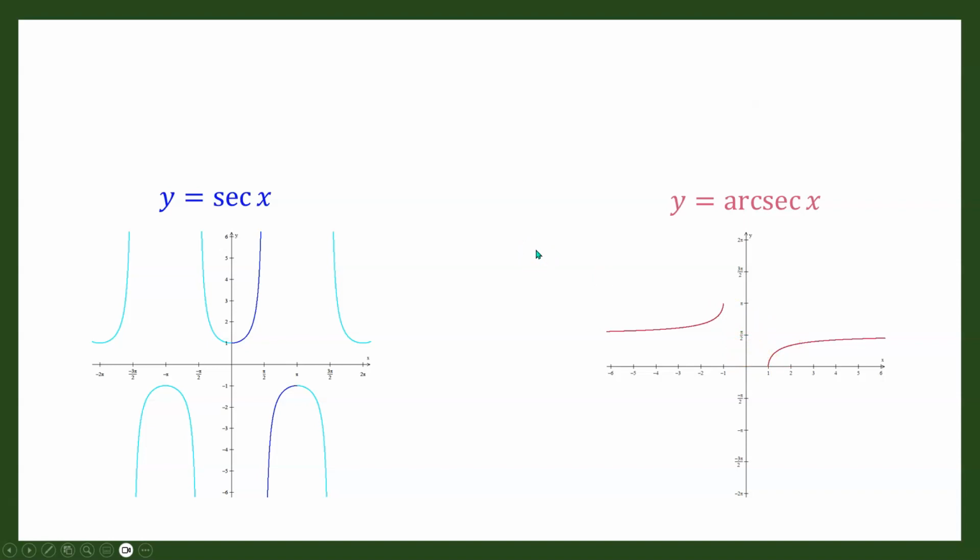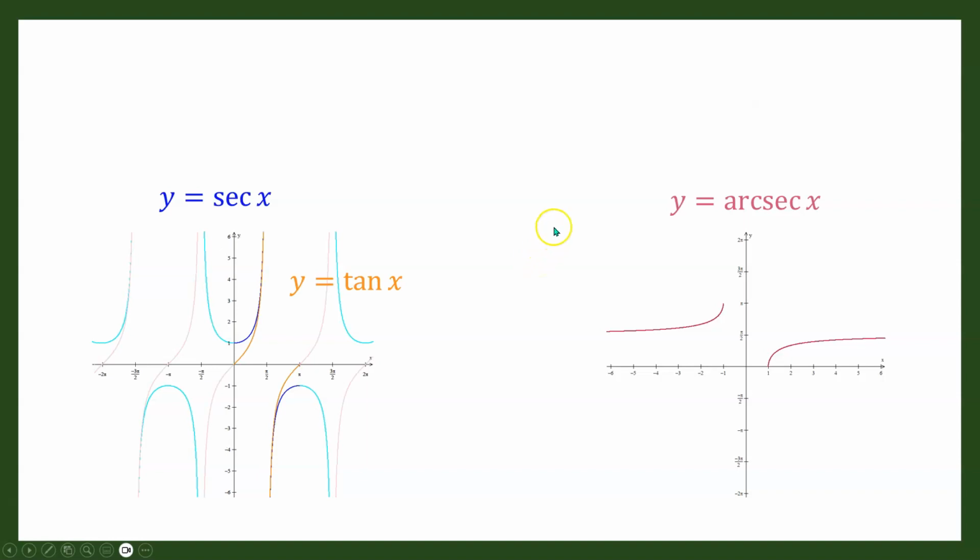But what do we know about the tangent of such an angle? Well, let's break it down into the two possibilities. If the x that we're taking the arcsecant of is greater than or equal to 1, that means it's positive, and the arcsecant of that x is an angle between 0 and pi over 2, and then the tangent of an angle between 0 and pi over 2 is positive.